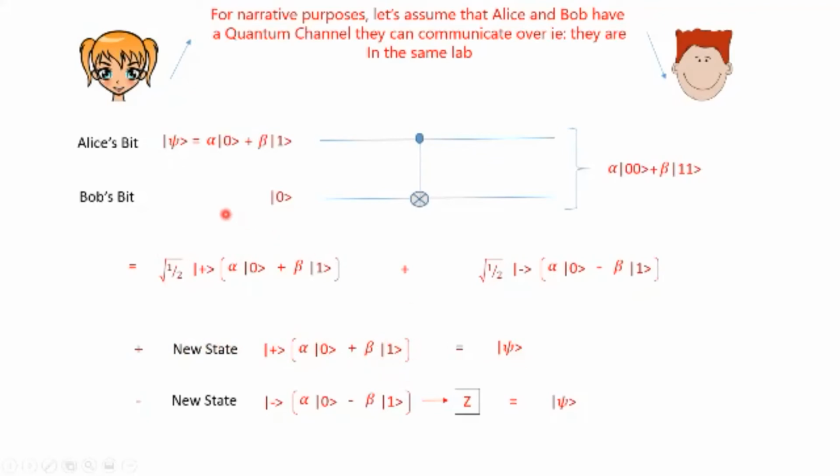It'll be psi. It'll be exactly the same as her qubit. And if it's a minus, then the second state is merely applied through a Z gate, which changes that minus to a plus, and then you've got your psi, which is identical to this.